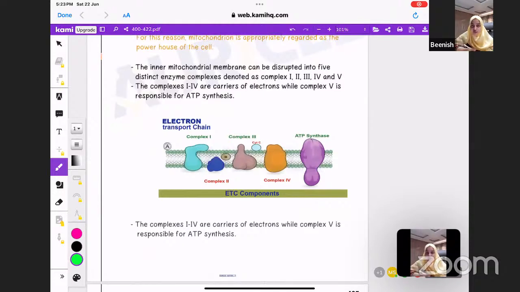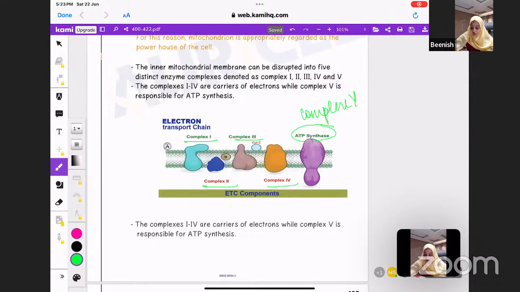Now this diagram shows us various complexes that are involved in the electron transport chain. You have complex 1, complex 2, complex 3, complex 4, and ATP synthase, which is complex 5.